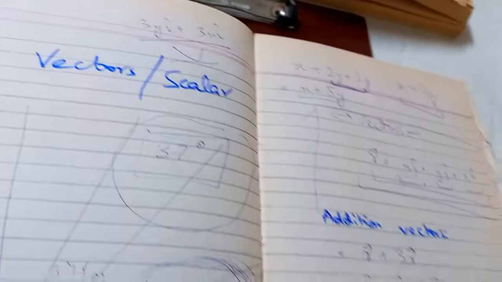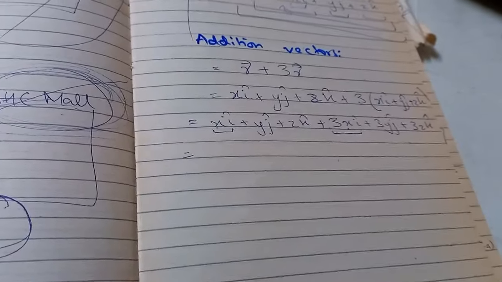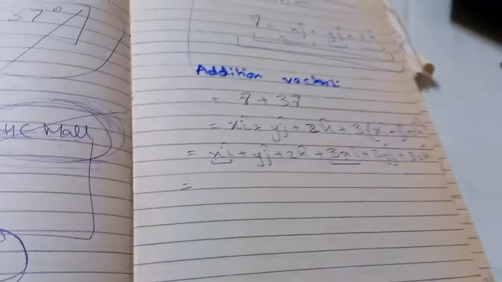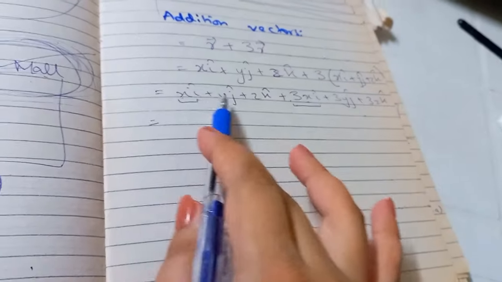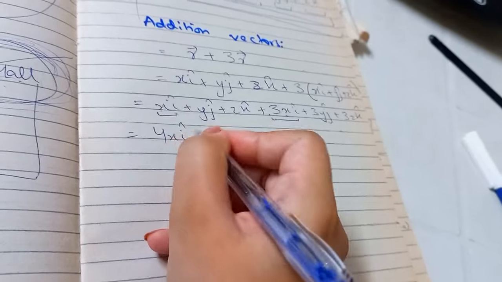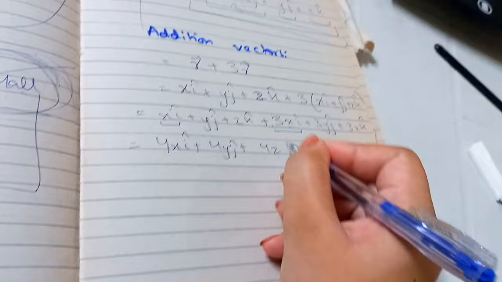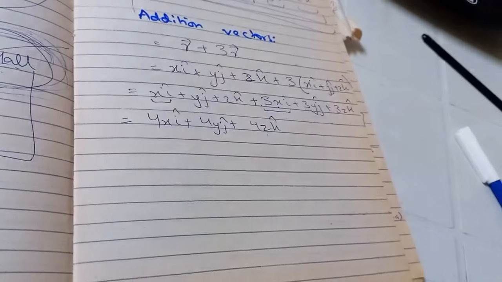So don't forget the basics. They always exist and there are no exceptional cases. So x i hat plus 3x i hat makes 4x i hat. Similarly 4y j hat, similarly 4z k hat, and this is the final result.